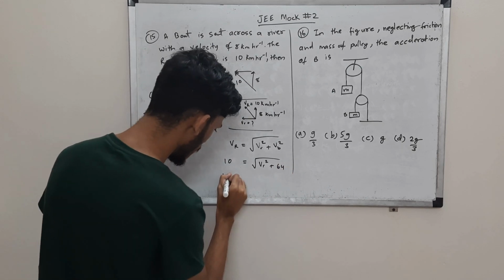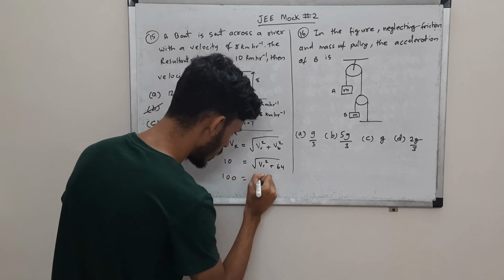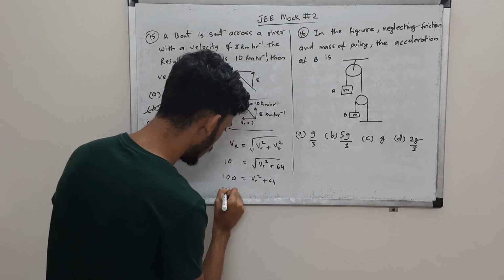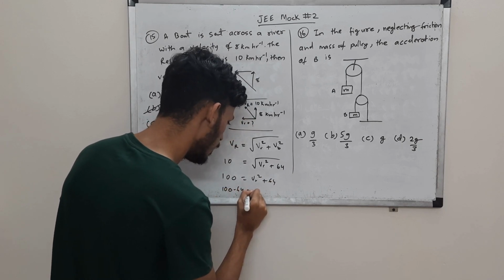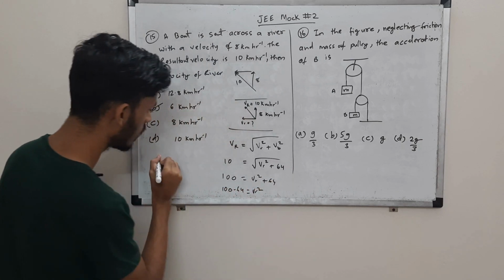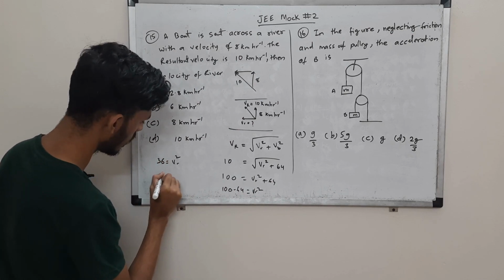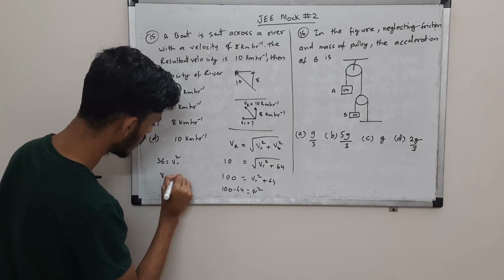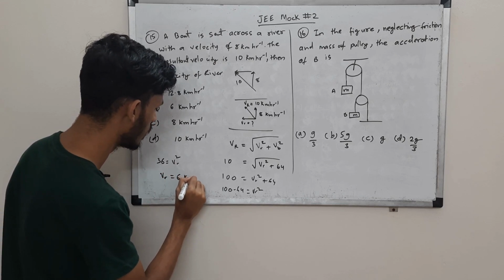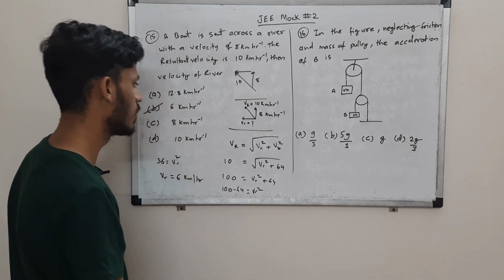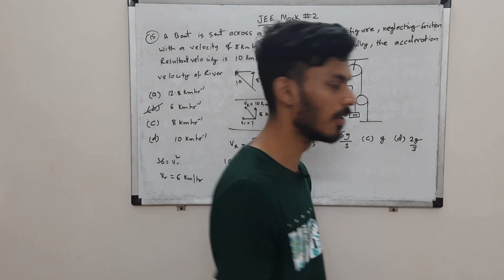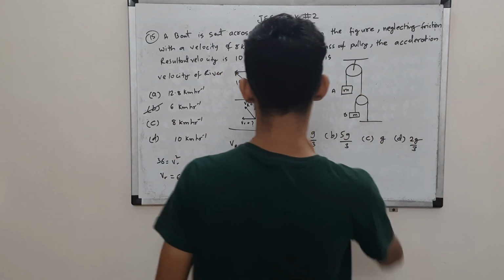Now square on both sides, this will give us 100 equals Vr square plus 64. 100 minus 64 is Vr square, which means that 36 is Vr square. And 36 is 6 square, so Vr is nothing but 6 kilometers per hour. So that is the velocity of the river to get the resultant velocity as 10.